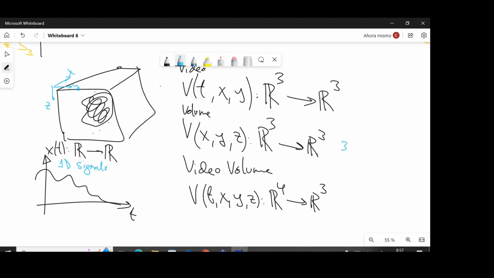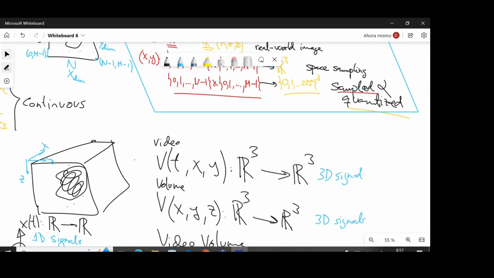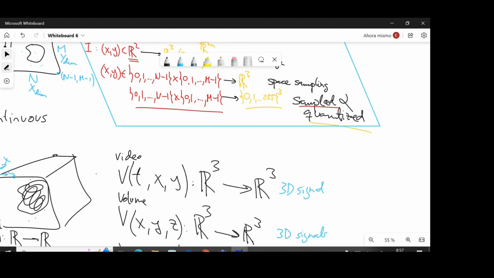These are called 3D signals. This is a 3D. What else? An image here is a 2D signal. So when we say 2D, 3D, and this is a 4D signal.